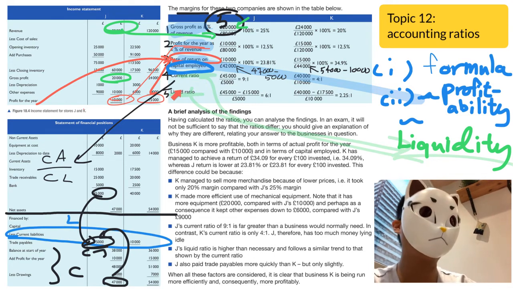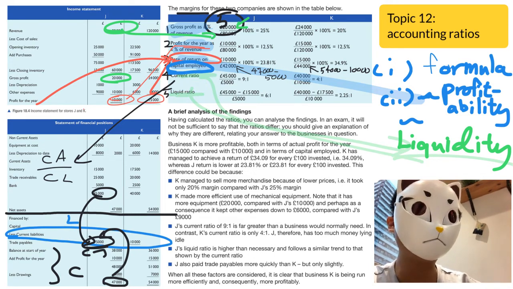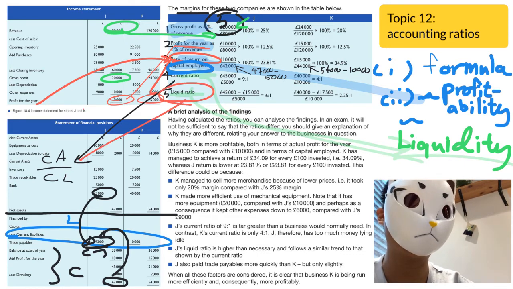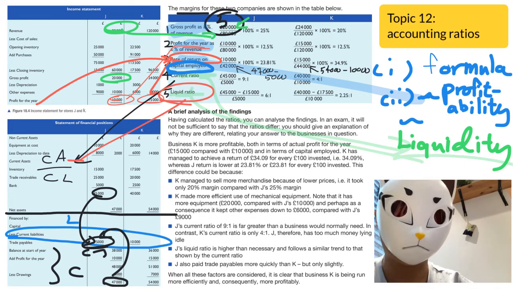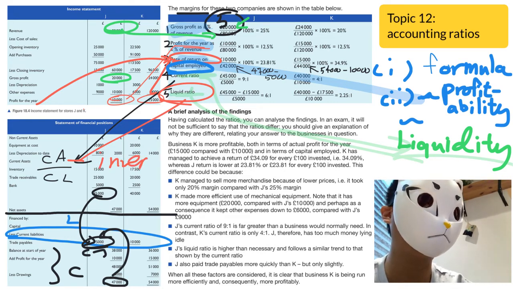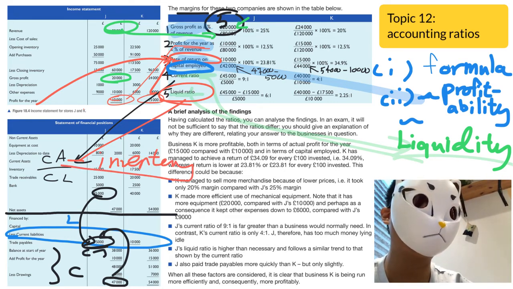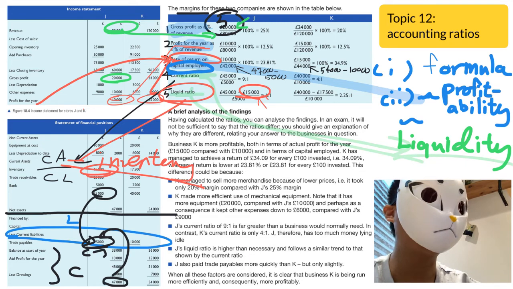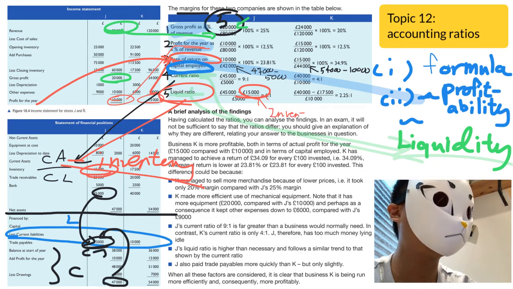Another way to do it is the liquid ratio. So for the liquid ratio, there is one special thing. We need to take the total amount of current assets minus the inventory. So that means we need to minus this one. So this one, 15,000, it would be the inventory.